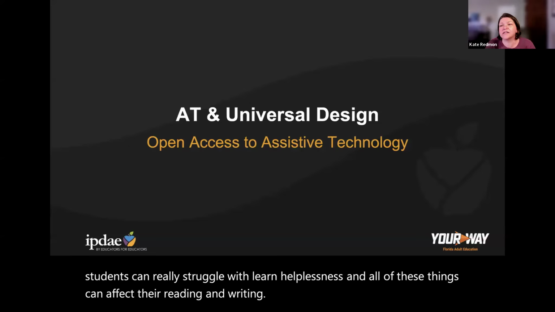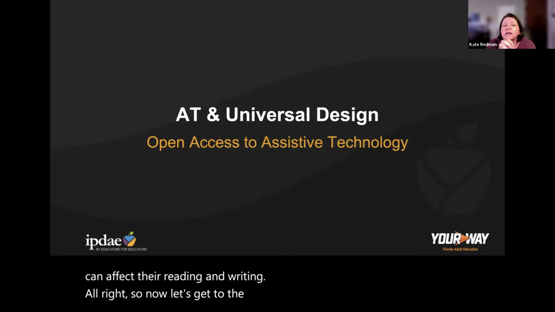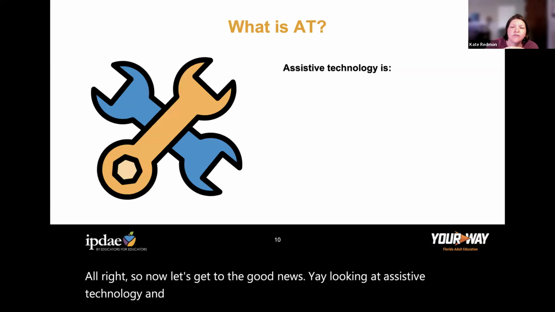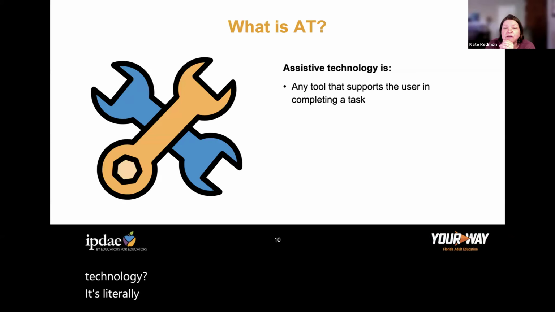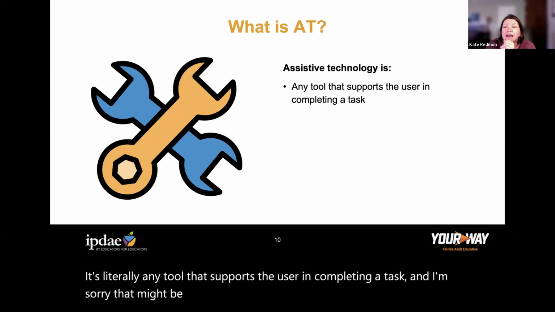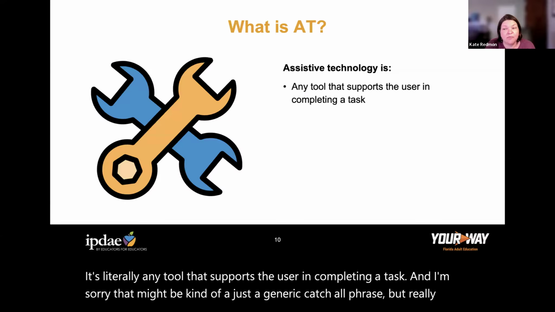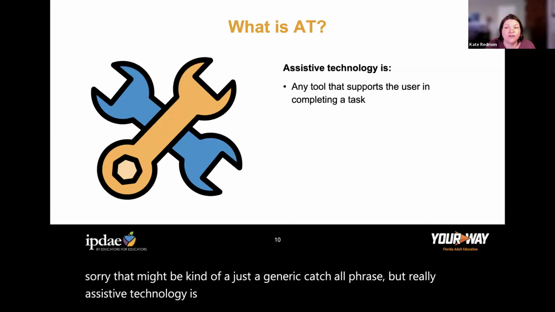All right, so now let's get to the good news. Yay! Looking at assistive technology and universal design. So let's start with just what is assistive technology. It's literally any tool that supports the user in completing a task. I'm sorry that might be kind of a generic catch-all phrase, but really assistive technology is a big, huge category of lots of goodies.